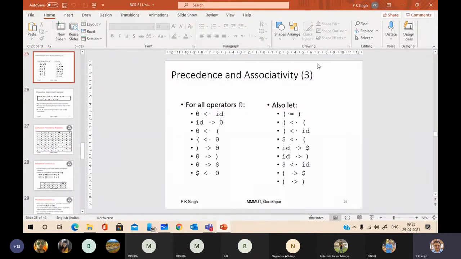In the last lecture, we were discussing operator precedence parsing.